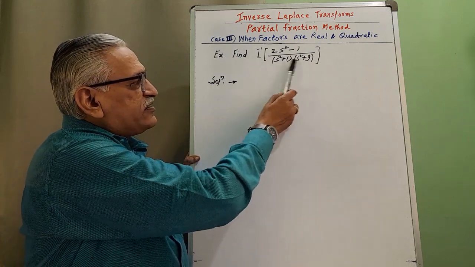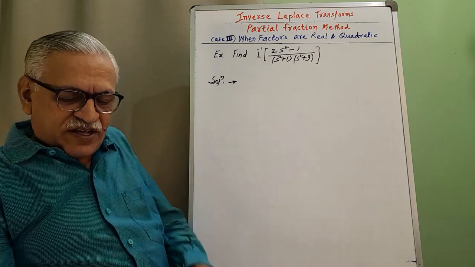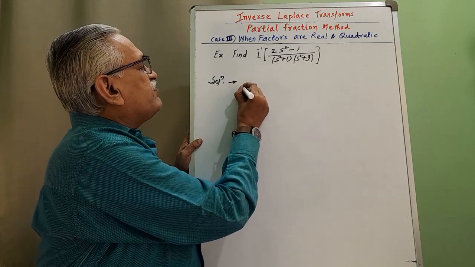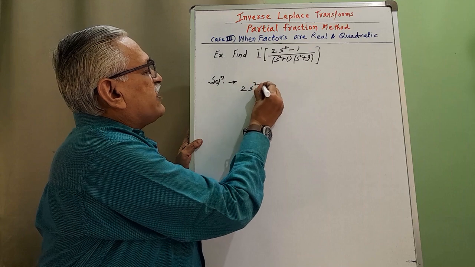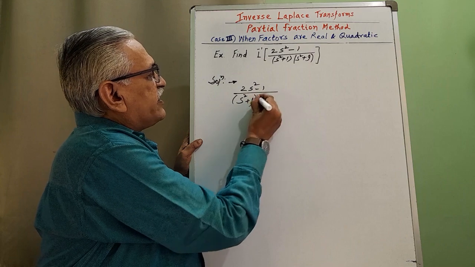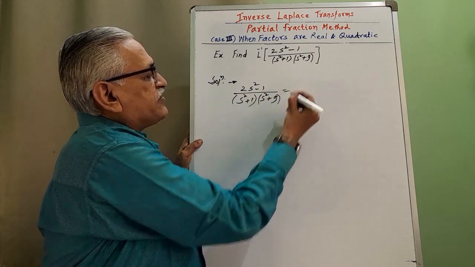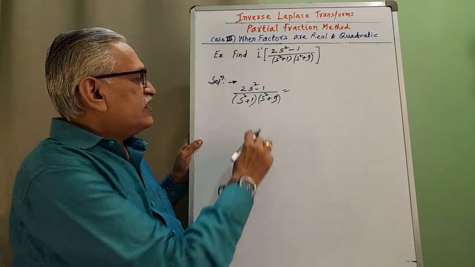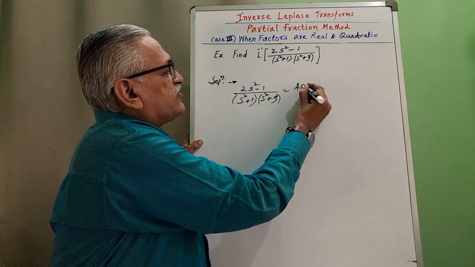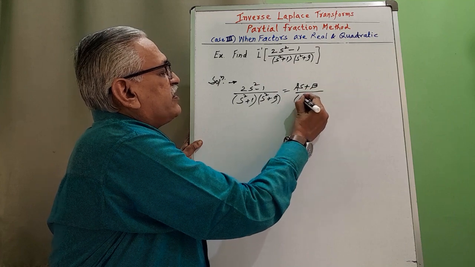If we see the factors carefully, there are two factors and both are in quadratic form. Therefore, using that technique, we get (2s² − 1) divided by (s² + 1) first term, and second term (s² + 9), equals: for the first quadratic factor, we write As + B. This is the way to write the partial fraction, divided by s² + 1.